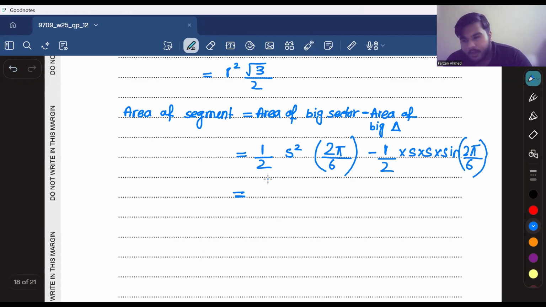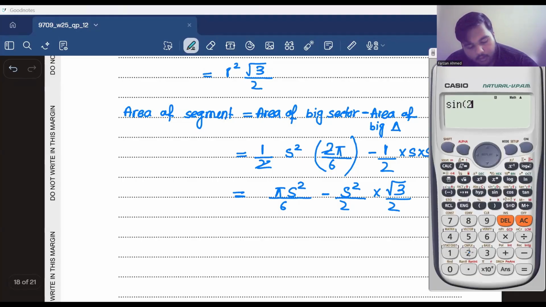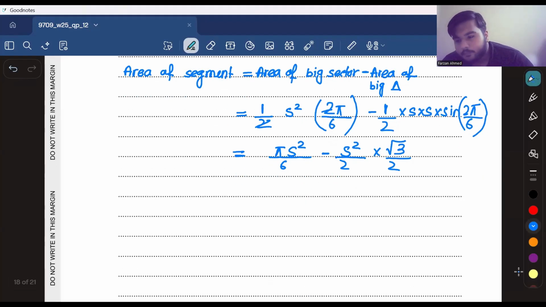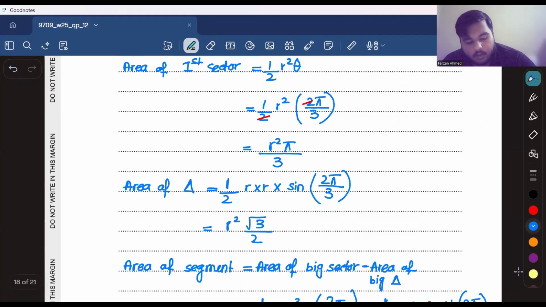So if we simplify, it will be pi s square over 6 minus s square upon 2 into square root of 3 over 2. Okay, we can also check sine 2 pi upon 6 is equal to square root of 3 over 2.